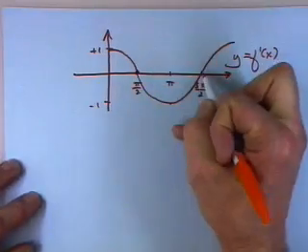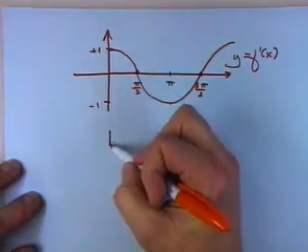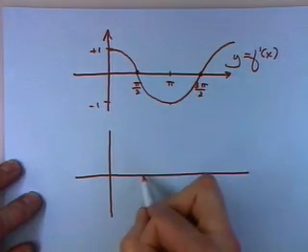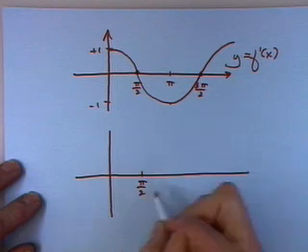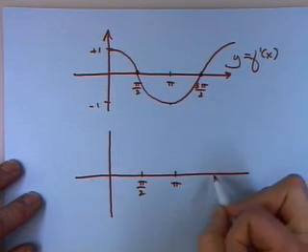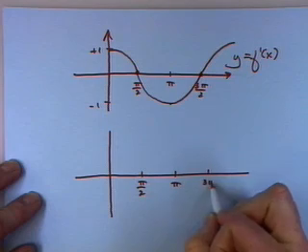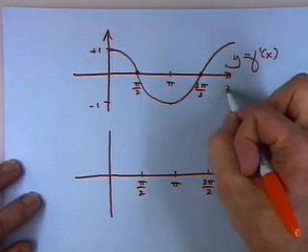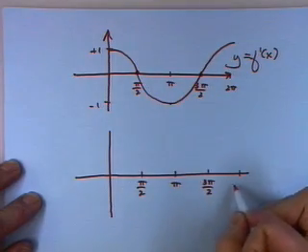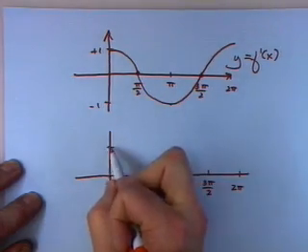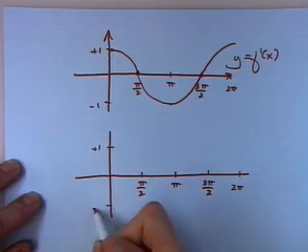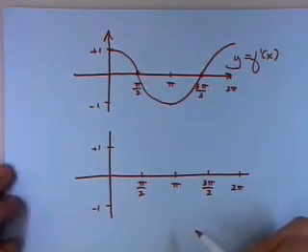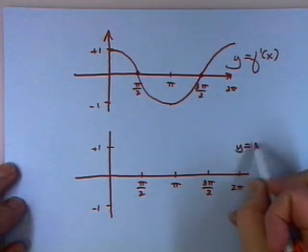So we could come here to these 2 points. So here the graph has got to be flat. Down here I'm going to try to graph f of x.